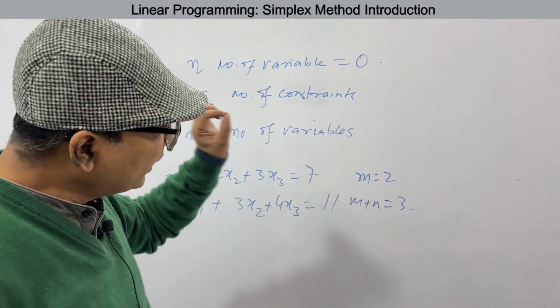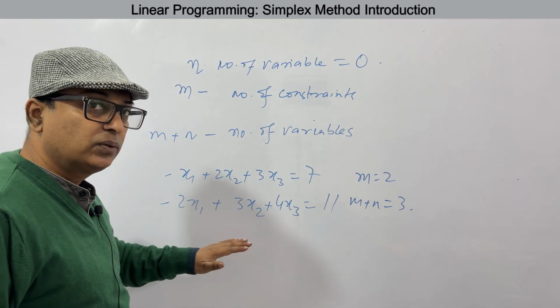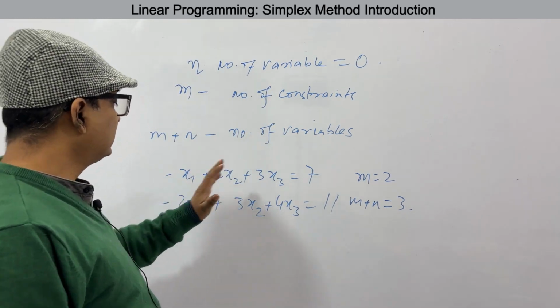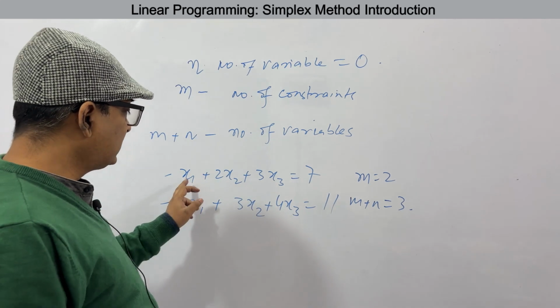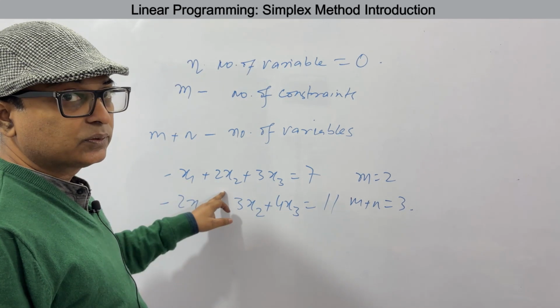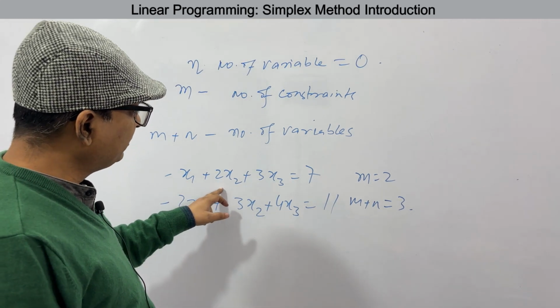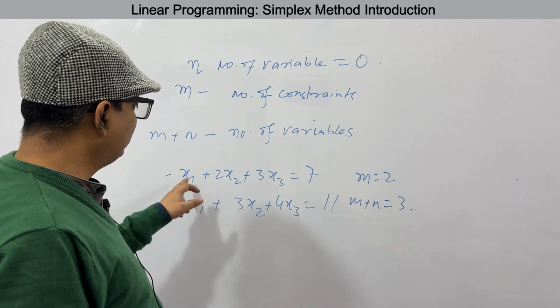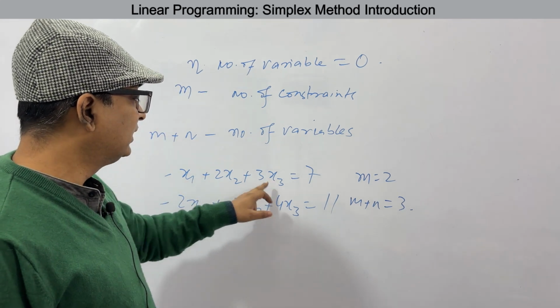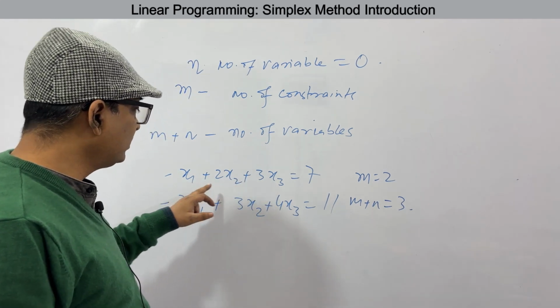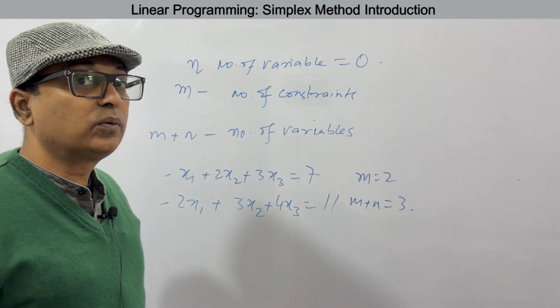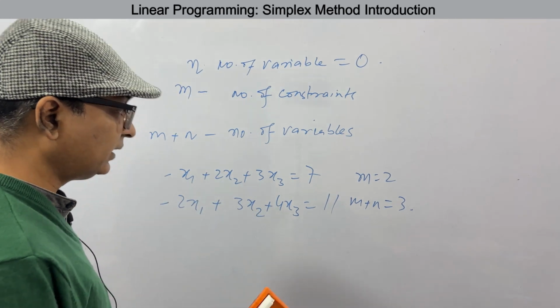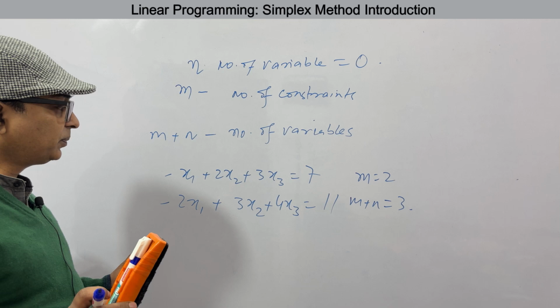So we will put one variable equal to 0 and see, for example, if we put x3 equal to 0, what is the solution for x1 and x2. Then in the second step, we will put x2 equal to 0 and see the solution for x1 and x3. Then in the third step, we will put x1 equal to 0 and see the solution for x2 and x3. Clear? This is the first part.